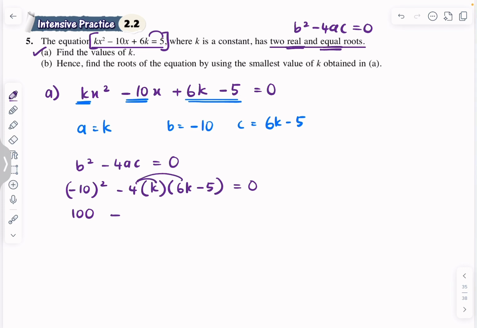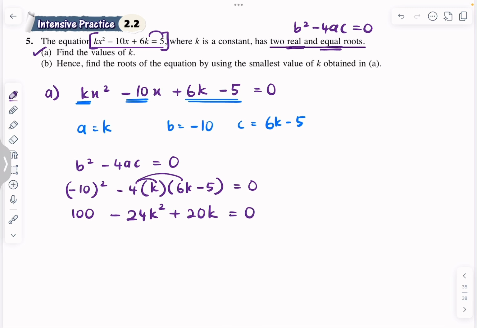We times this times that. So we get negative 4k times 6k is negative 24k. Then negative 4k times negative 5 will be plus 20k. This one actually got k squared, I forgot. So 4k times 6k is 24k squared.